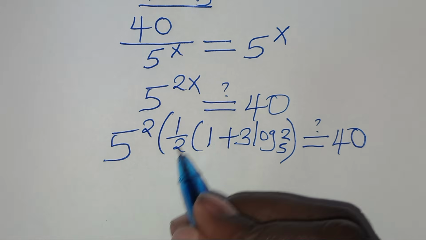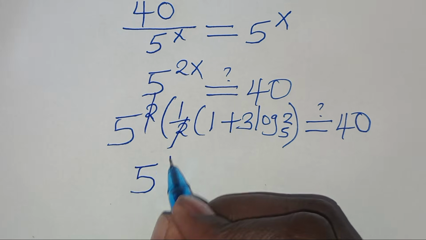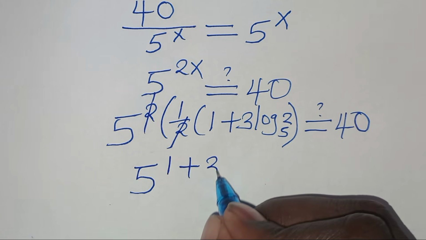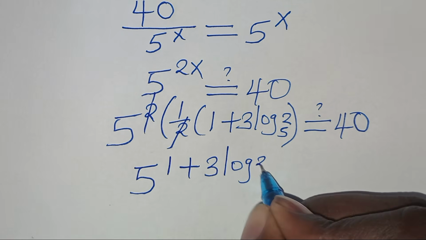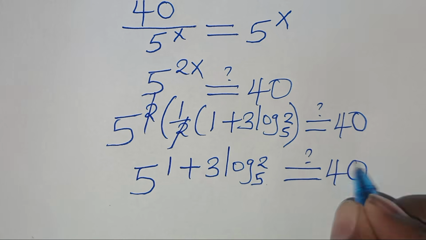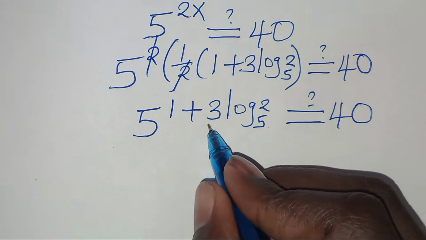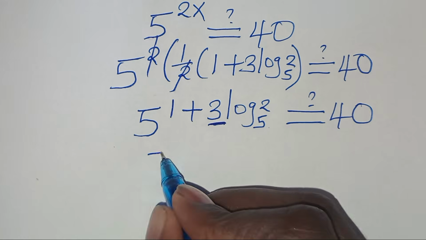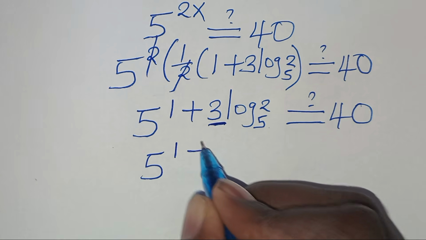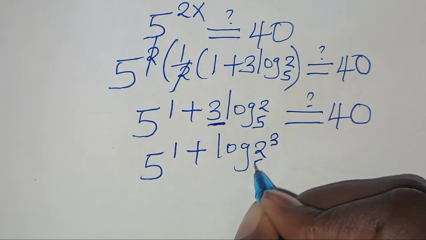Now, let's simplify 2 and 2 here so that we have 5 to the power of 1 plus 3 log 2 to base 5, and this should give us a value of 40. The next step is that since 3 is a power here, we can express this as 5 to the power of 1 plus log 2 to the power of 3 to base 5.